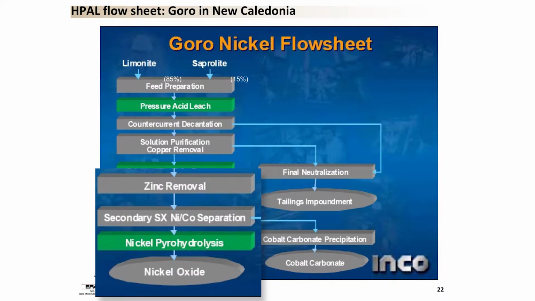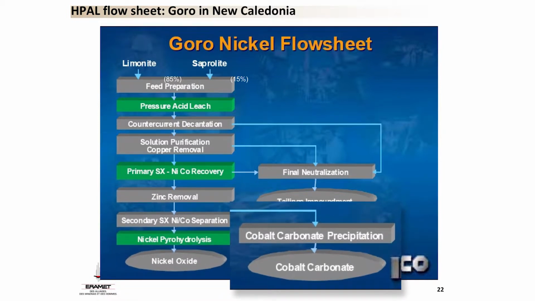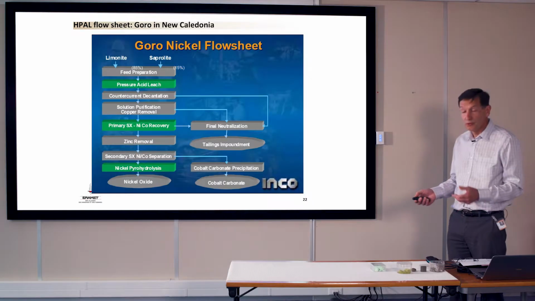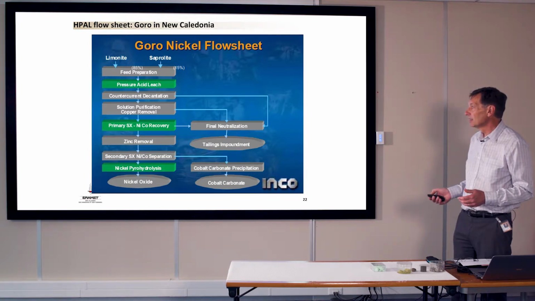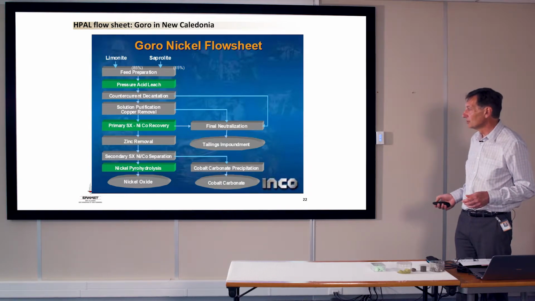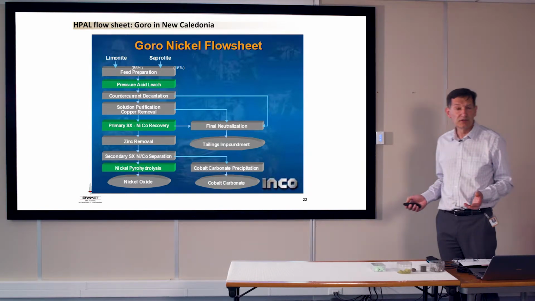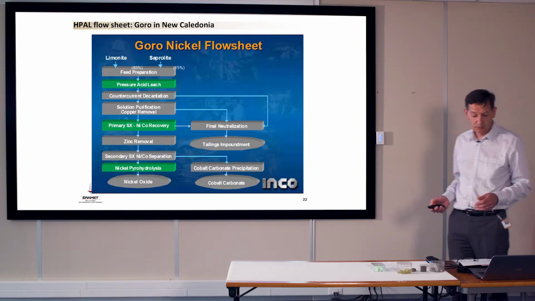On nickel, they have some pyrohydrolysis of nickel to produce nickel oxide, and for the cobalt, they precipitate the cobalt as cobalt carbonate. You see the front end is rather identical to the other HPAL process, but the solution treatment is completely different and depends on the product you want to sell and to produce.